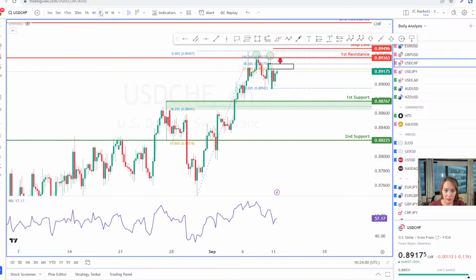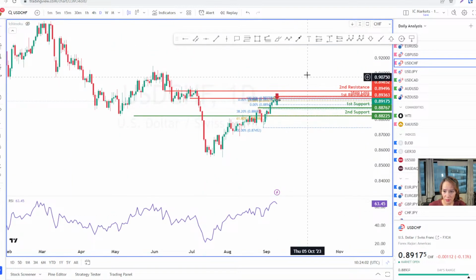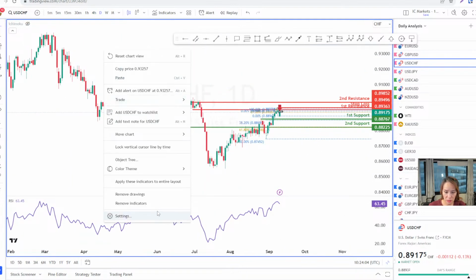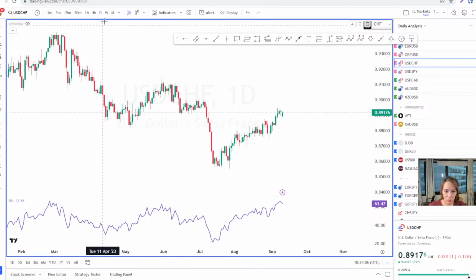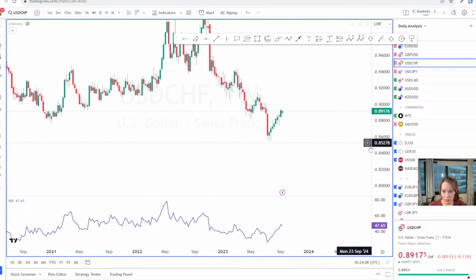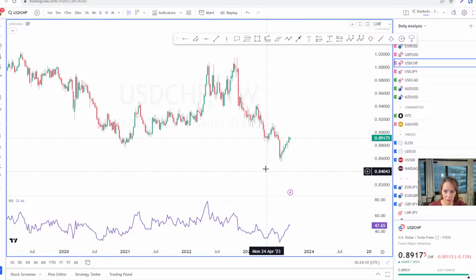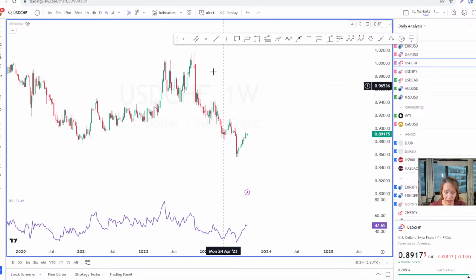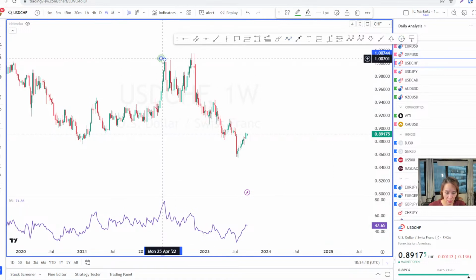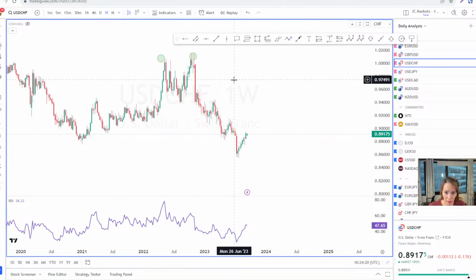You mean upside? No, because I like to look at the market structure. Even though in the weekly time frame, price is still on a downtrend. They already created, in the bigger time frame, a double top right here, and this is the neckline.